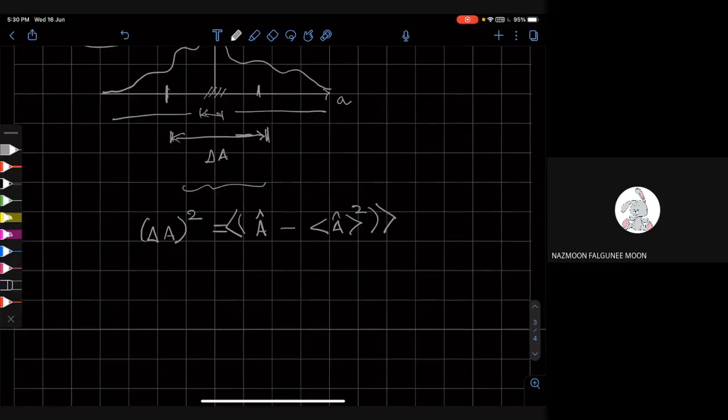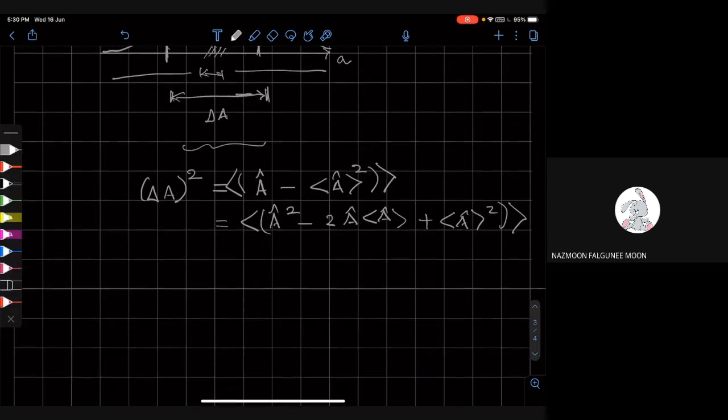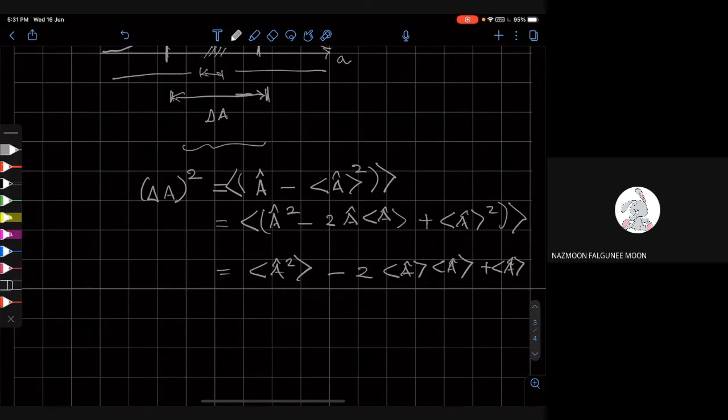Now, if I expand this, what do I get? I get A squared minus 2A times its average plus the average squared, and then take the average of this whole thing. The average is linear, so I can write this as the average of A squared minus 2 times the average of A times the average of A plus the average of A, squared.